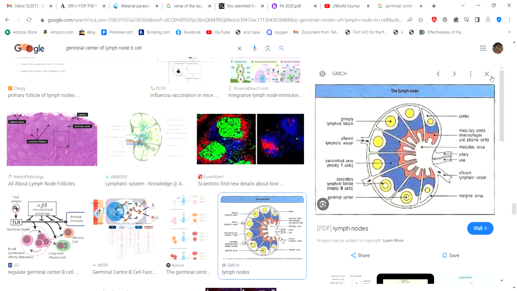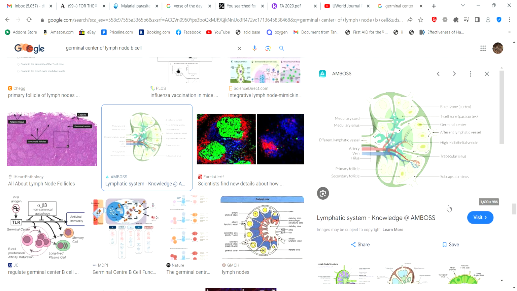I'm waiting for the picture to clear, but apparently it's not clearing. Okay, alright, so this could be a better picture.